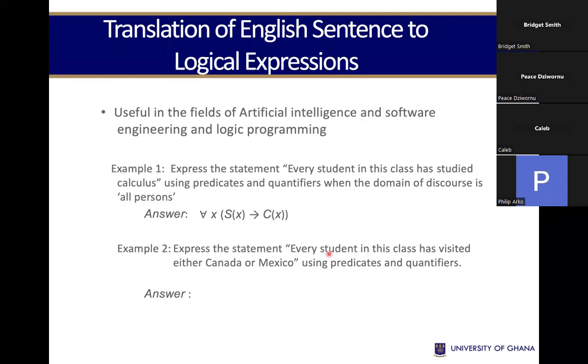So for all x, if you are a student in this class, we're still going to have S of x implies C of x or M of x. And I need to put C of x or M of x in brackets so that I know that S of x implies the whole of this as a scope. Then I'm good to go.